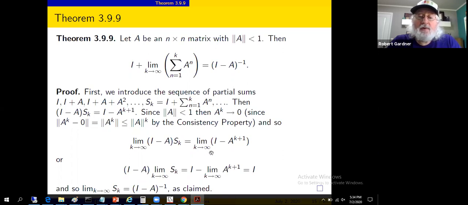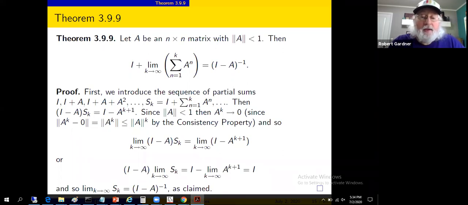Over here, take a limit of a sum, the identity matrix is constant, bring that negative outside. We get the limit as k approaches infinity of A to the k plus 1. We just saw this, expressed with an exponent of k instead of k plus 1, but the limit's still the same. This goes to the 0 matrix, and we get the identity on the right-hand side.